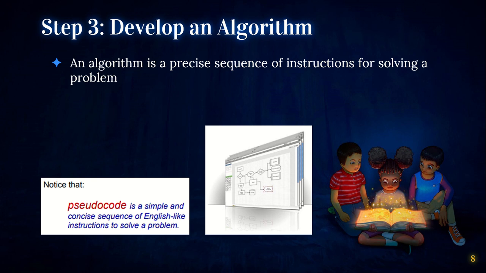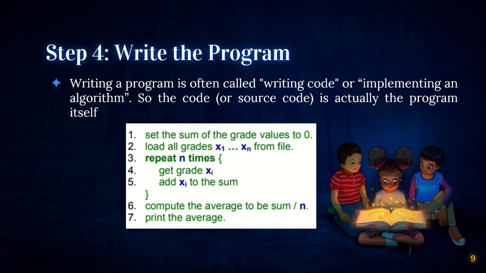The precise sequence is essential because it should have a finite number of steps, and they should be very accurate. Another thing is that it differs from pseudocode. Pseudocode is a simple and concise sequence of English-like instructions for solving a particular problem.